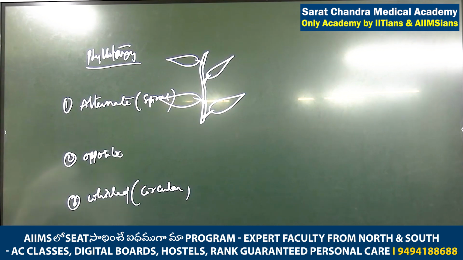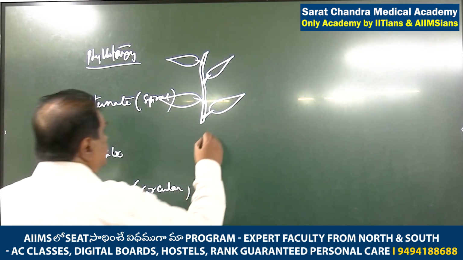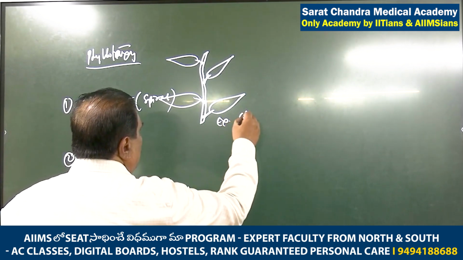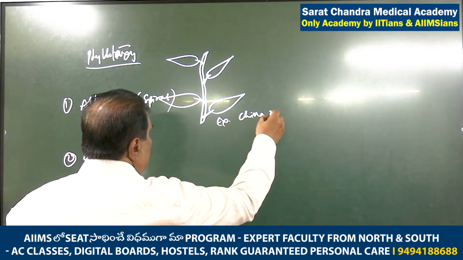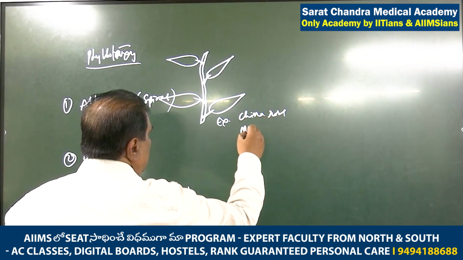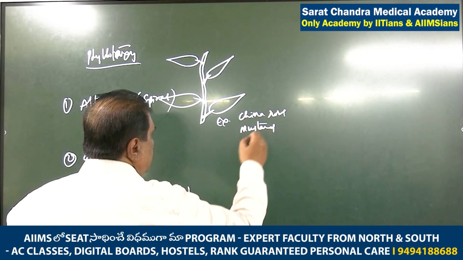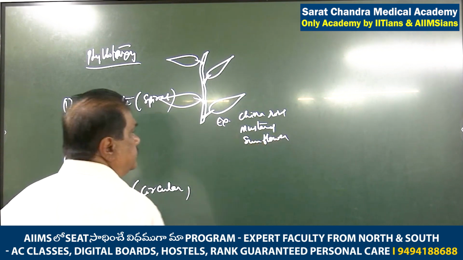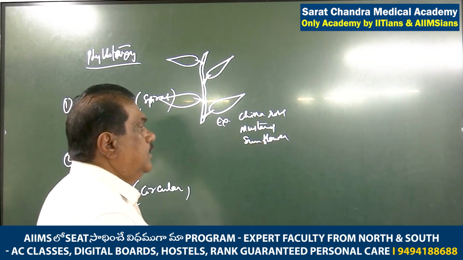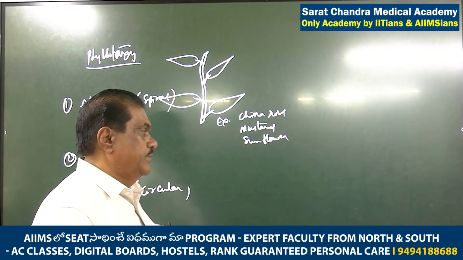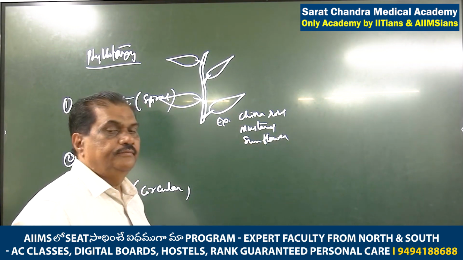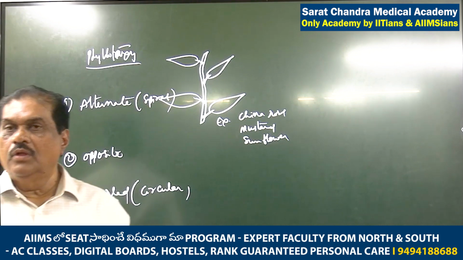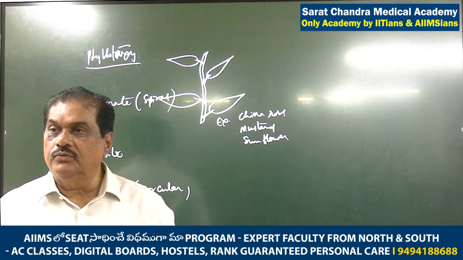So the plants that show alternate phyllotaxy: China rose, mustard and sunflower. What is the scientific name of China rose?